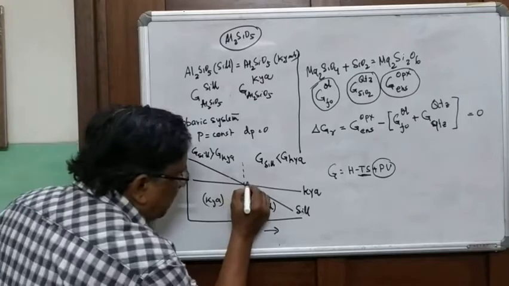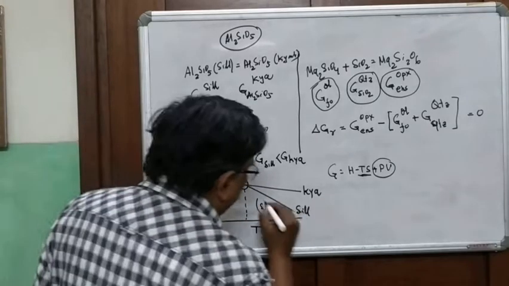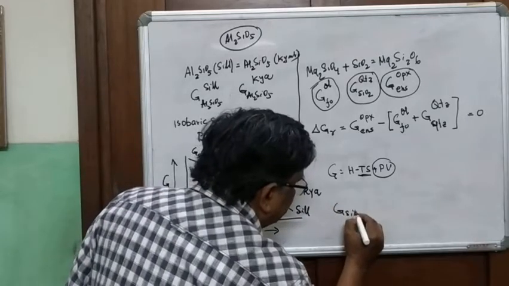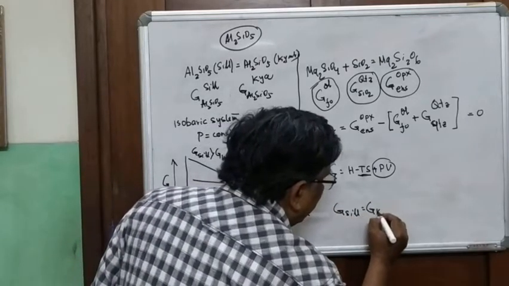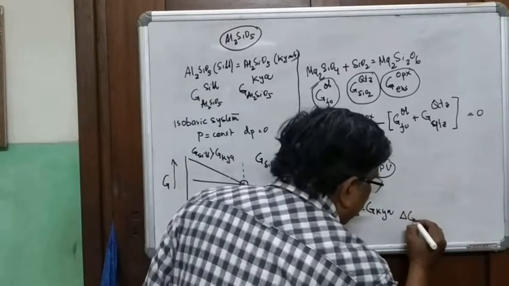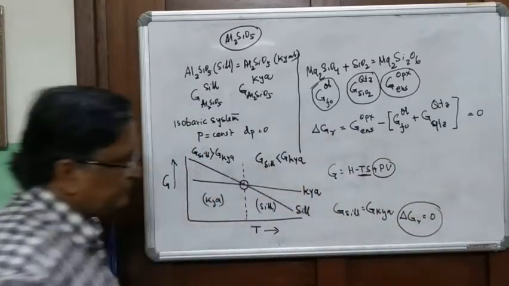But at this point where the two curves intersect, G sillimanite is equal to G kyanite. And if it is like this, then the delta G of the reaction is equal to 0.